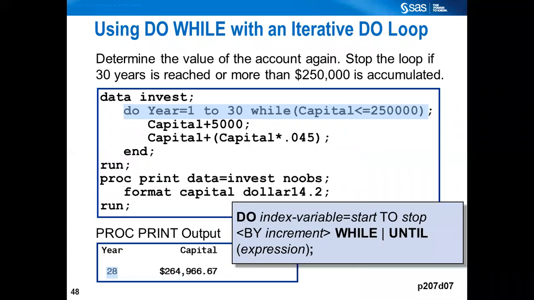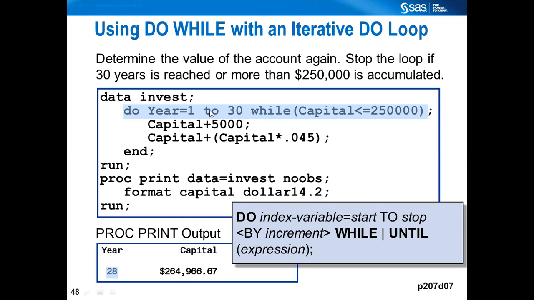So with our example, it's telling do while iteration: determine the value of account again, stop the loop if 30 years is reached or more than $250,000 is accumulated. So see, they are telling you can combine your condition as well as your iterations with your year values. So you can have both combinations of your do loops writing.